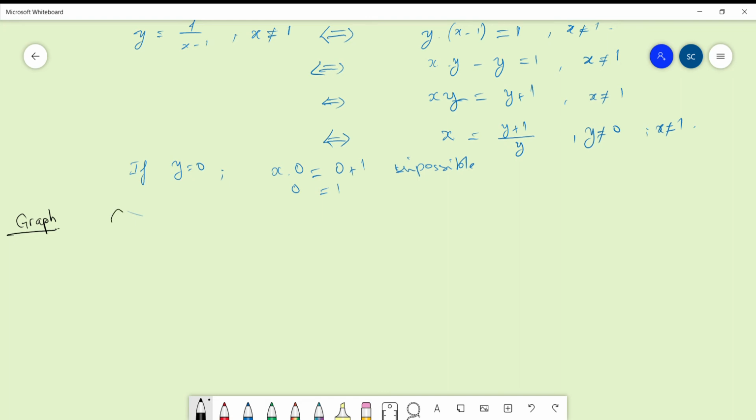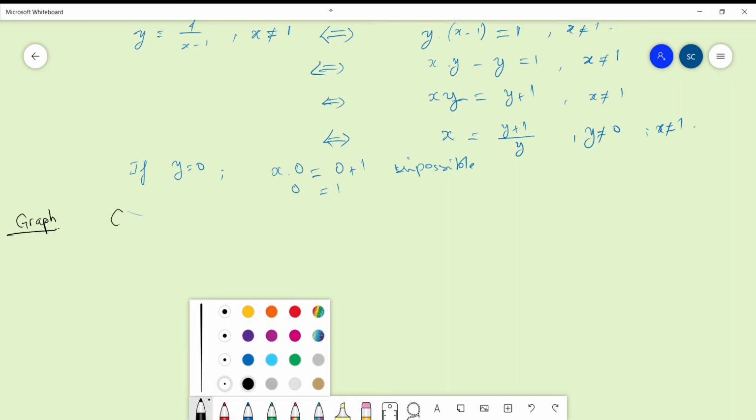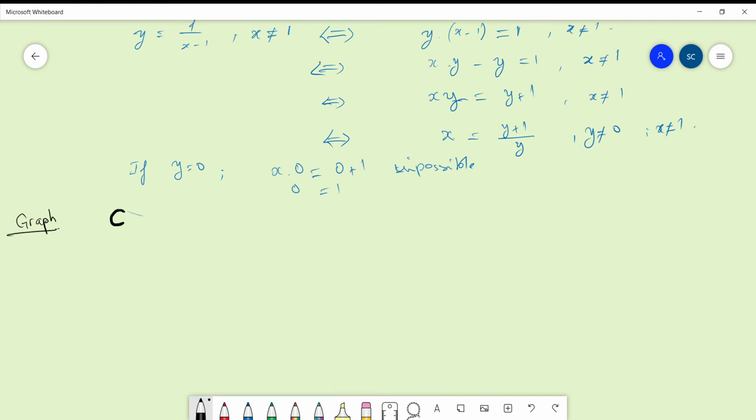By definition, let's write it bigger. The graph of f will be the set of points (x, f(x)) when your x describes all the domain. It is included in R2, which is the plane.